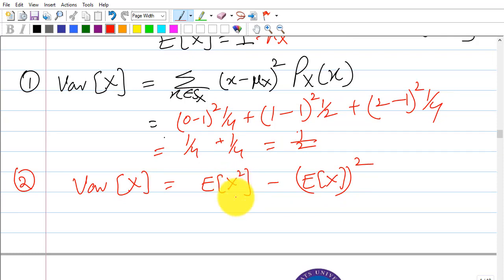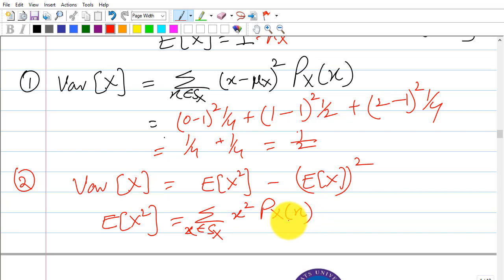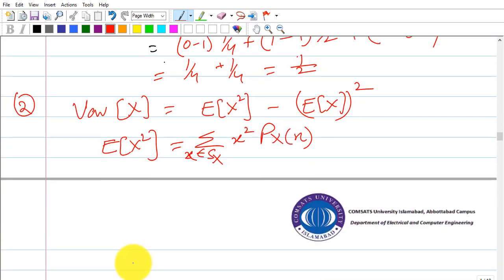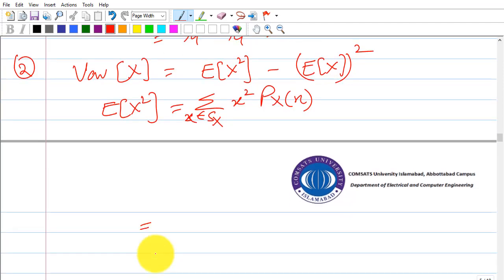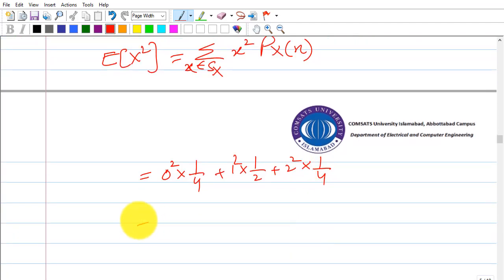We can find the second moment, the expected value of x square, which is again just the simple expected value: the summation over the range of x of x square into p x of x. So this is 0 square into 1 by 4 plus 1 square into 1 by 2 plus 2 square into 1 by 4, which is 1 by 2 plus 1, or 1.5.